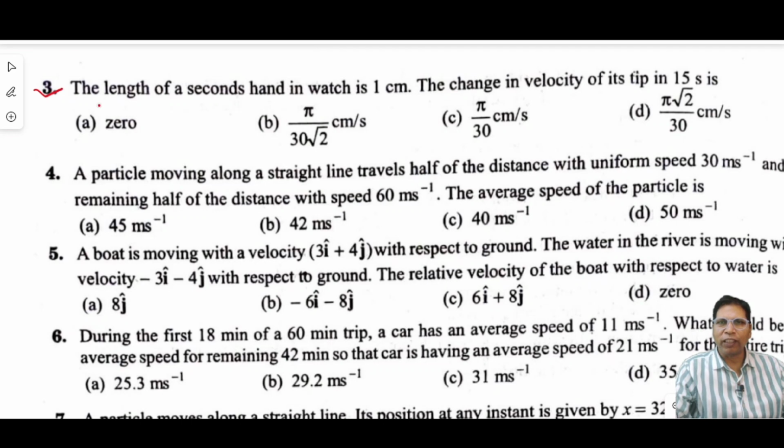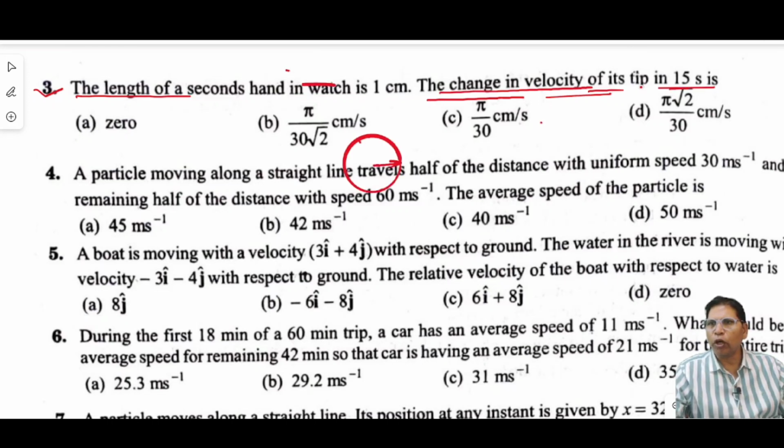Now question number 3. The length of the second hand in a watch is 1 centimeter. The change in velocity of its tip in 15 seconds is. In 15 seconds, the tip moves from the initial position to the final position.